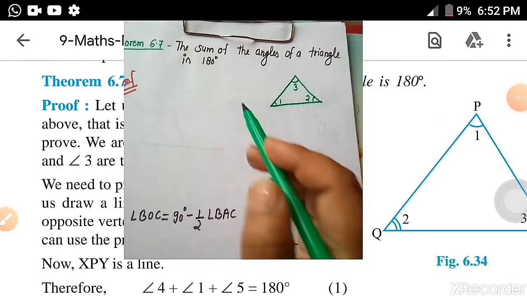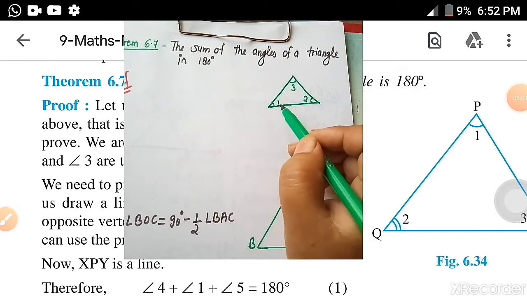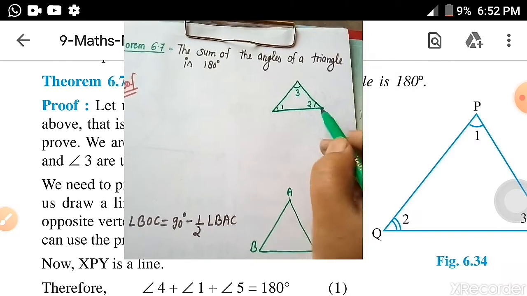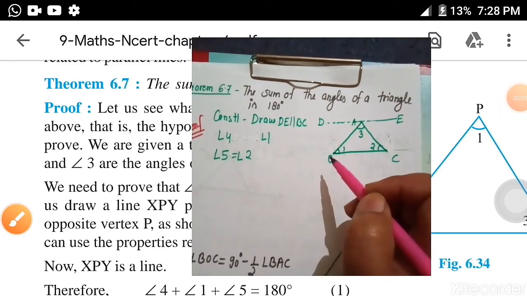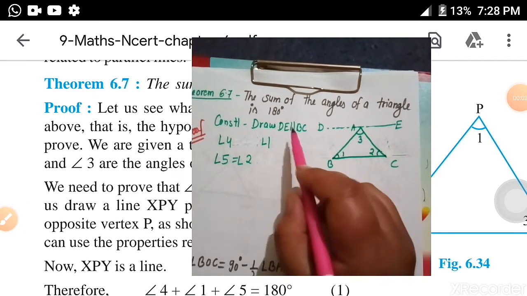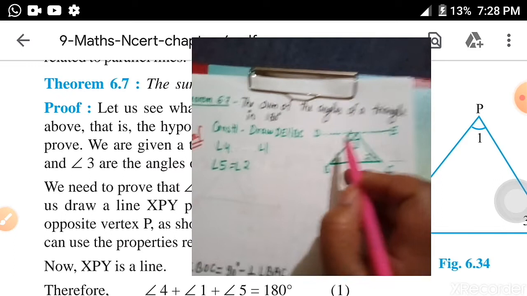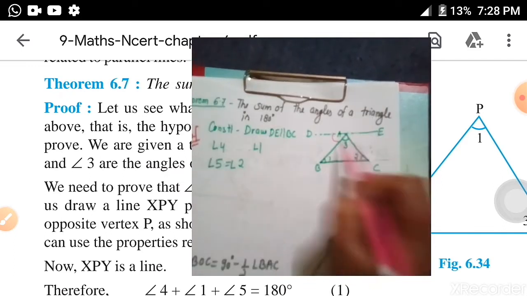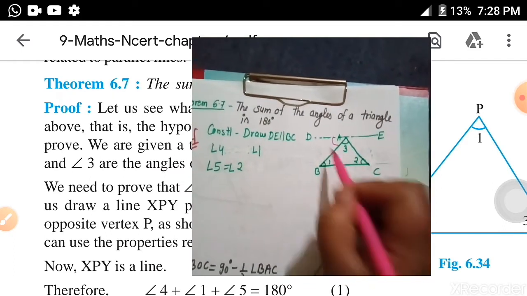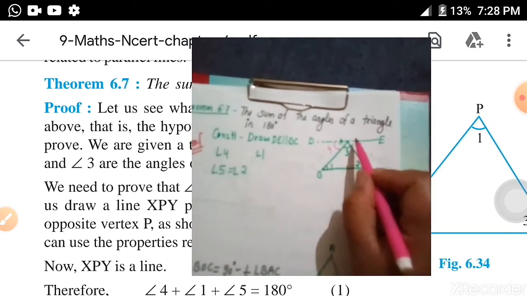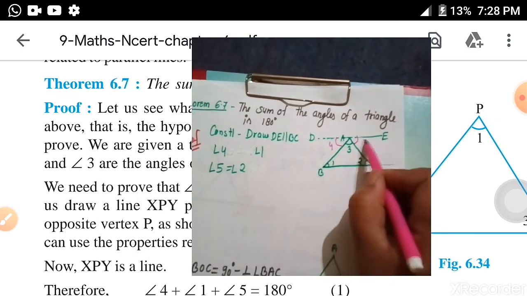Now see that we have to prove that angle 1 plus 2 plus 3 equal to 180 degree. So for that you will draw a line DE which is parallel to BC and you will call this angle 4 and this angle 5.